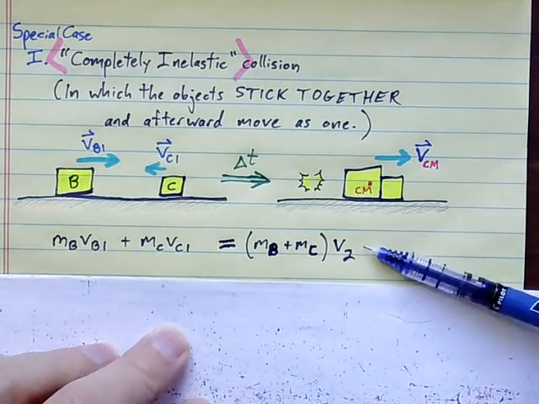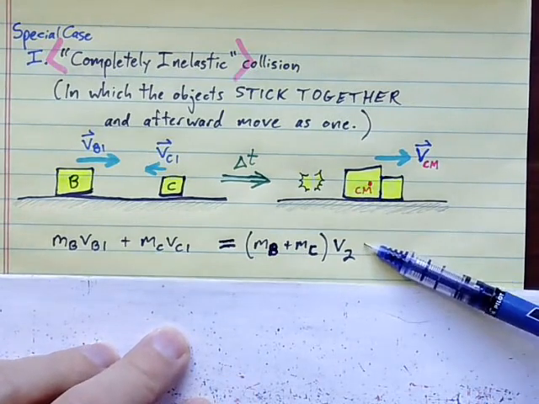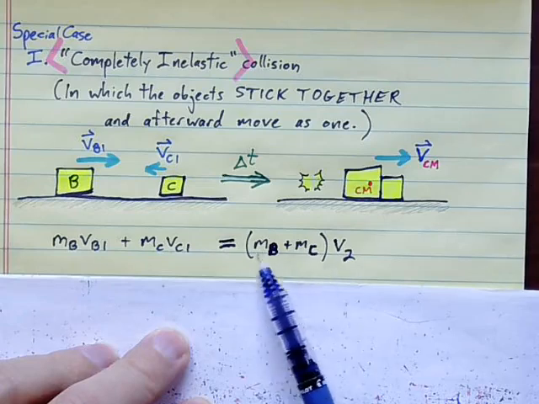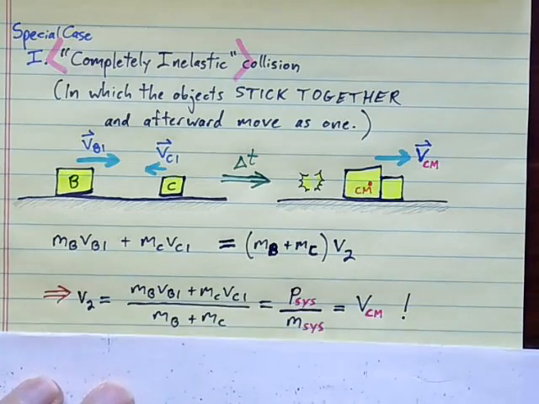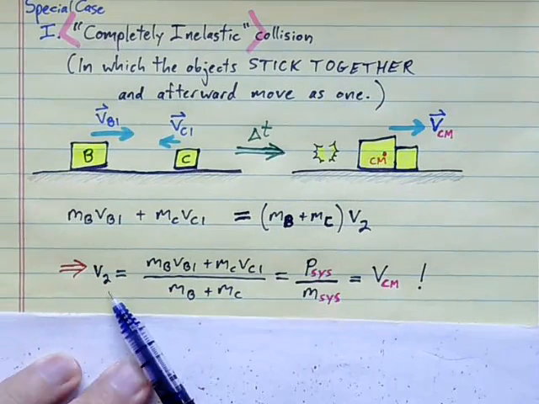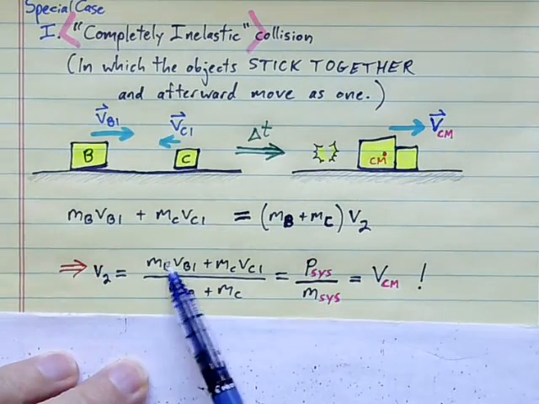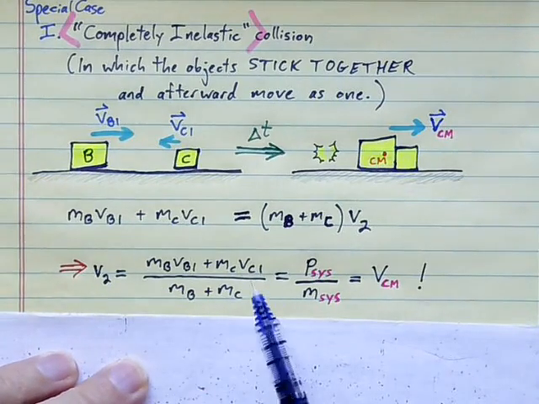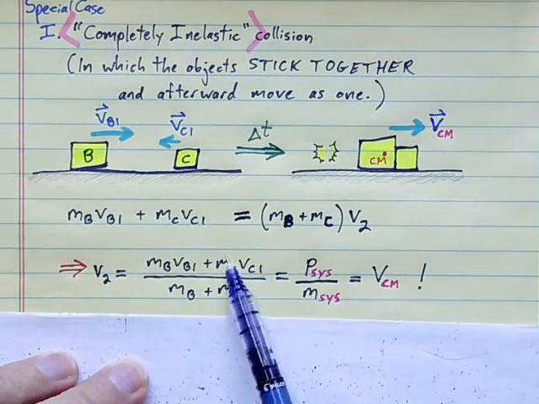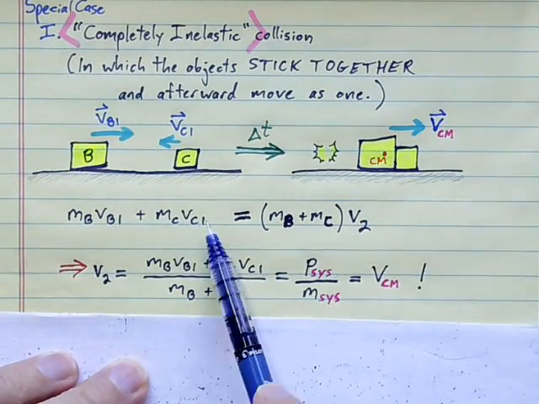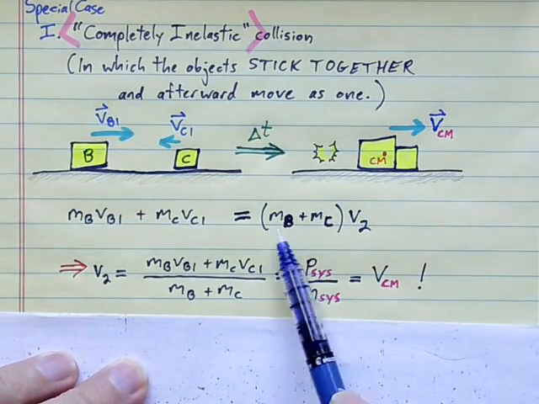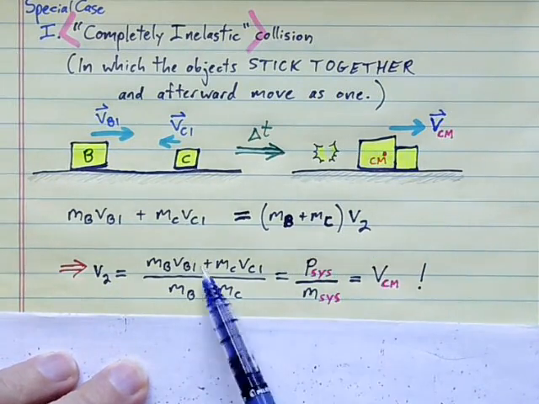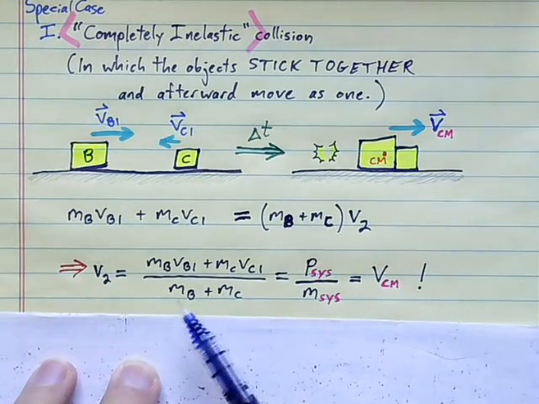But inspecting this equation a bit, if we divide both sides by mb plus mc to solve for v2 to try and predict the final velocity here, we get this expression, and we notice that the numerator is, of course, the momentum of the system. Momentum of the system before equals the momentum of the system afterwards. And the denominator, that's just the total mass of the system.